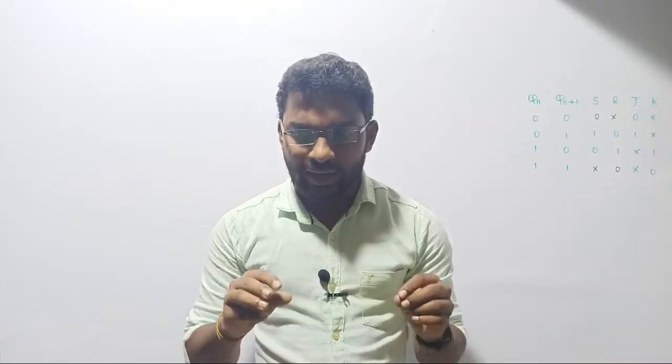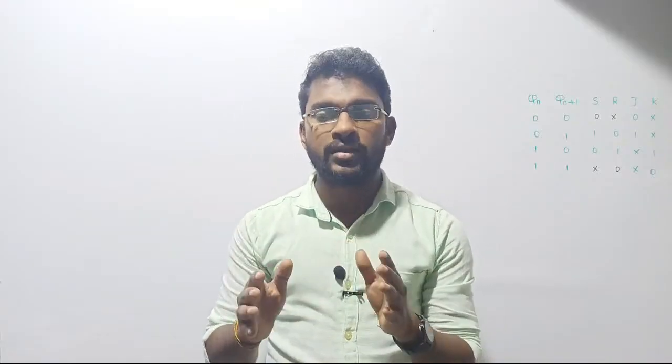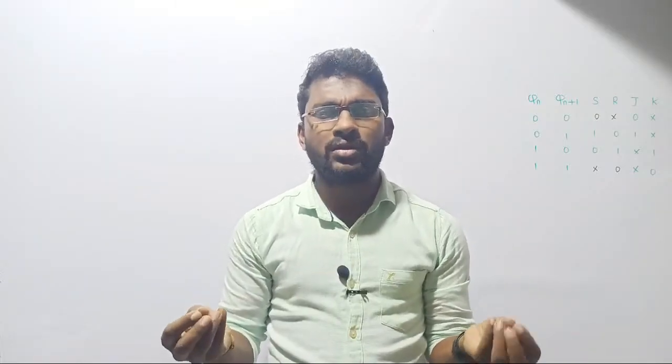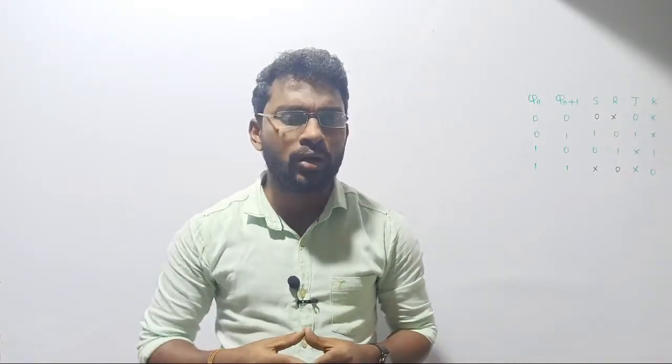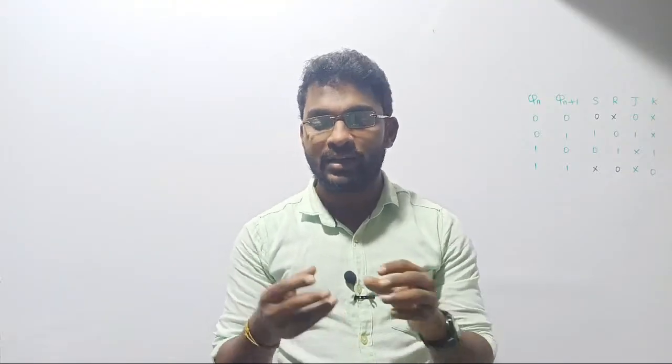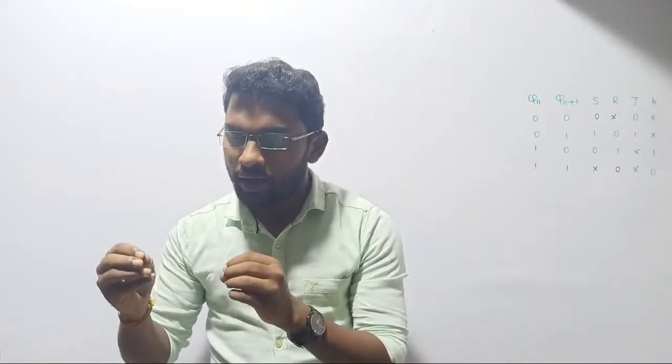Now, in synchronous counter, what is the difference? In asynchronous counter, you can count either in the up direction or in the downward direction, right? But random sequence, that is random counting, is not at all possible. Random counting means, suppose you want to count only odd numbers, like 1, 3, 5, 7, 9, 11, 13, 15, 17.